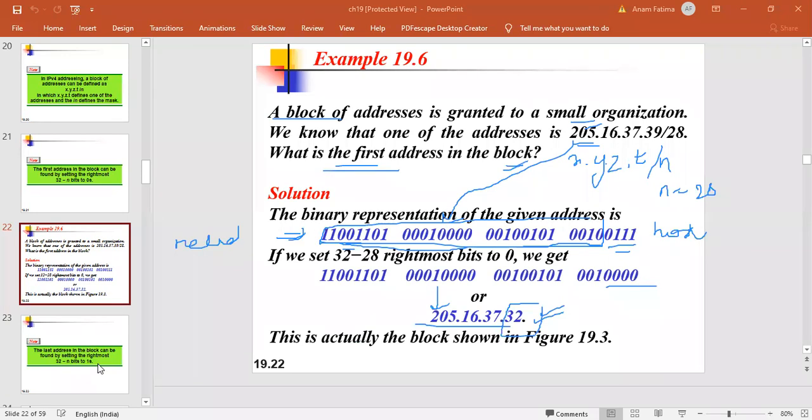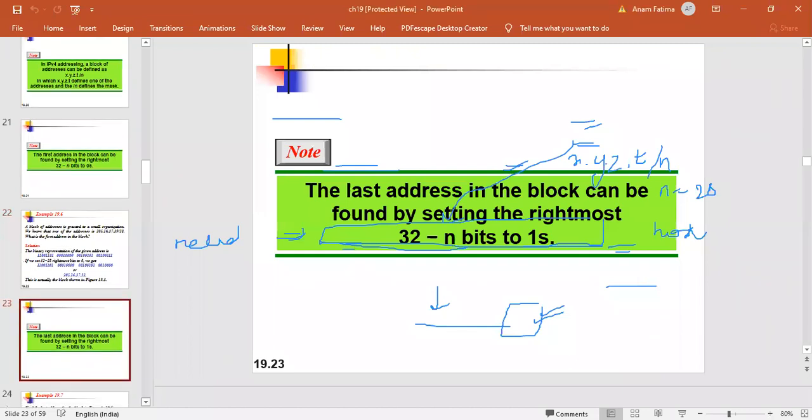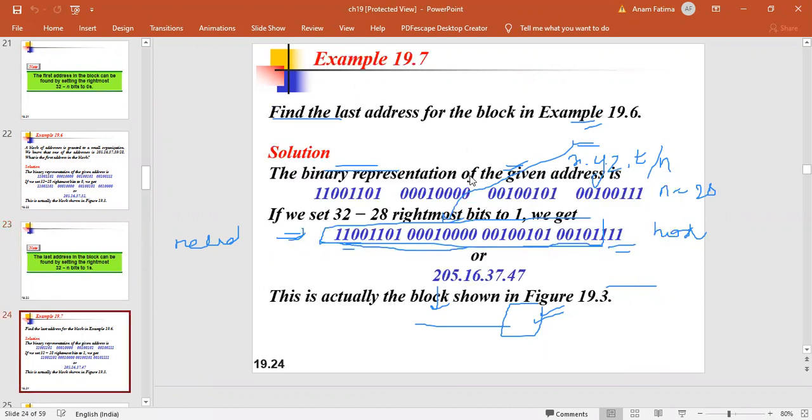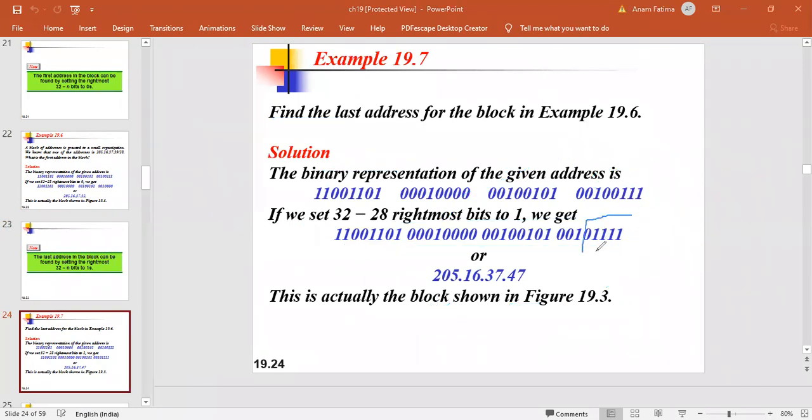Next, similarly, if you're going to find the last address belonging to this block, we simply set the last 32 minus n bits, that is the last 4 bits for this particular address with slash 28, the rightmost 4 bits, to all ones. This is going to represent the last address within this block, because here again 28 bits are fixed.